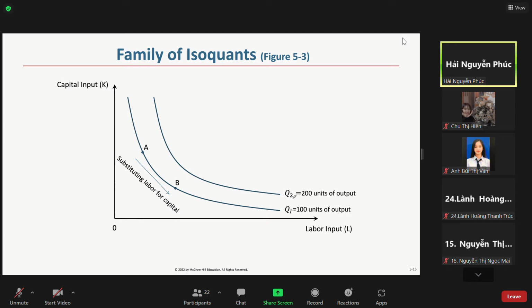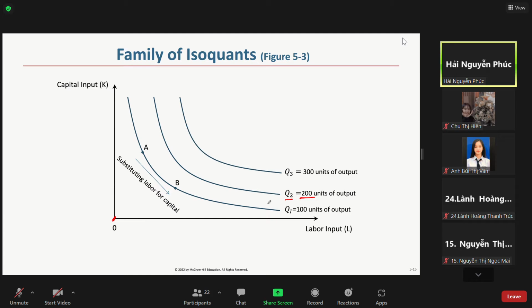Here's another isoquant. It is Q2, and you can see that Q2 is further from the origin. Here's the origin. Q1 is closer to the origin. Q2 is further from the origin, and it tells us that with Q2 we have a greater amount of output. Q2 tells us about the combination of inputs that give us the output equal to 200 units.